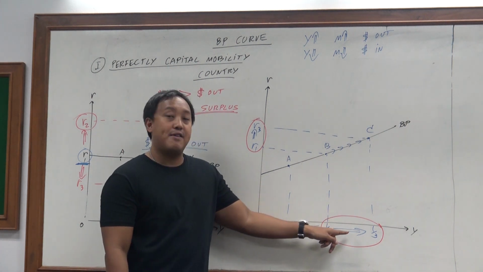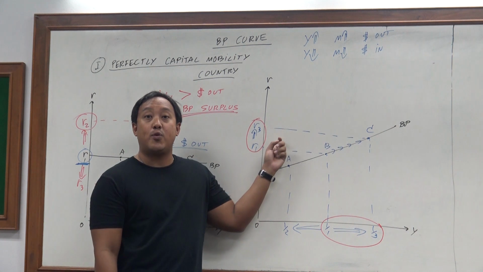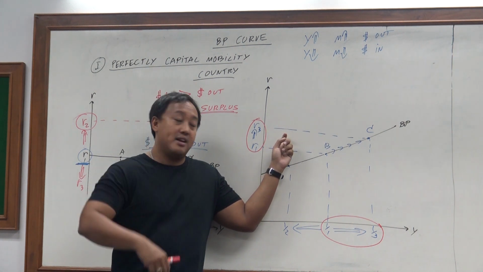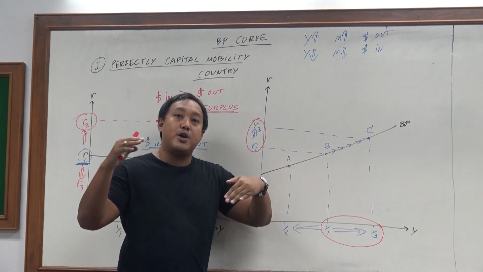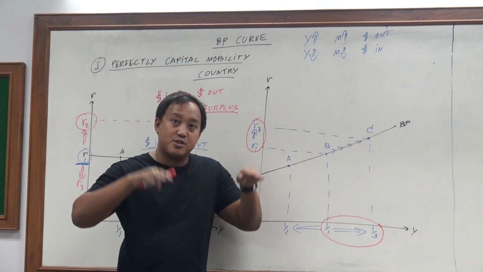We need to compensate for these effects by increasing the real interest rate to make the money flow in. So at point B and point C, the money flowing in still equals the money flowing out. We still have balance of payment.